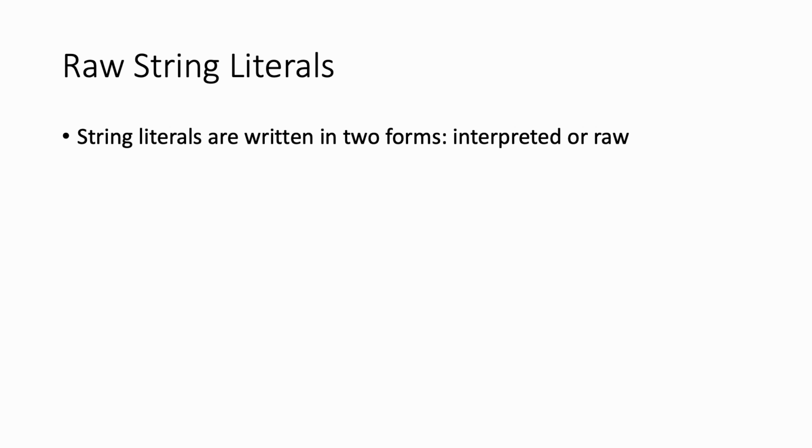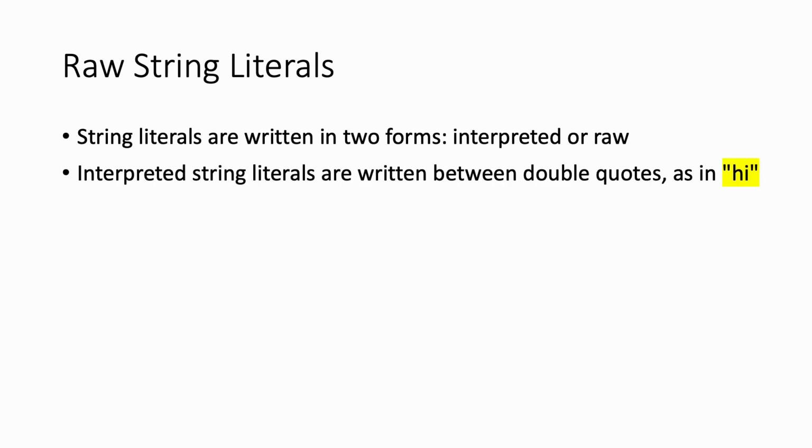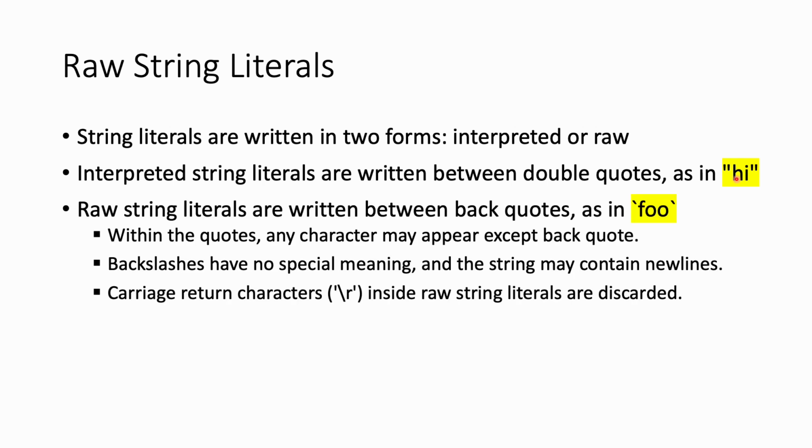There are two forms of string literals in Go: raw string literals and interpreted string literals. The strings that we have used in examples so far are interpreted string literals. They are character sequences between double quotes, as in the string "hi", like this one. Raw string literals are character sequences between back quotes, as in `foo`, like this one.